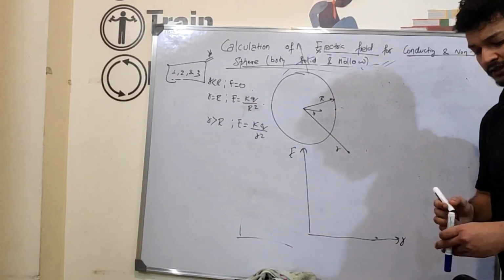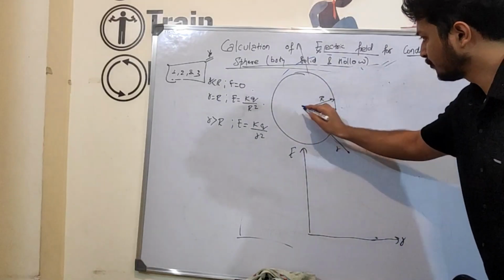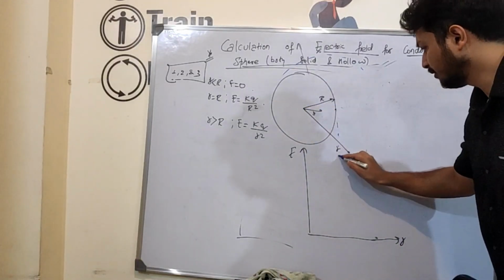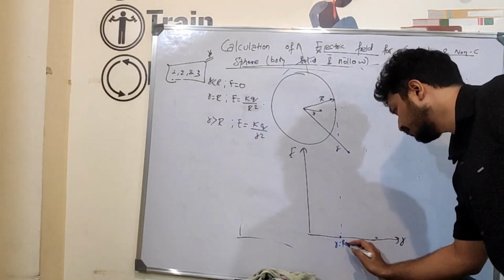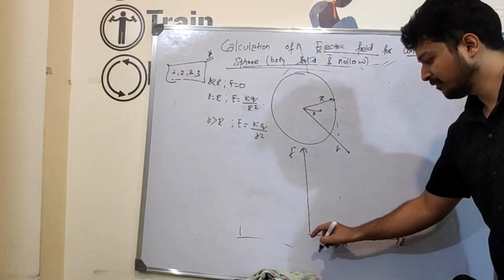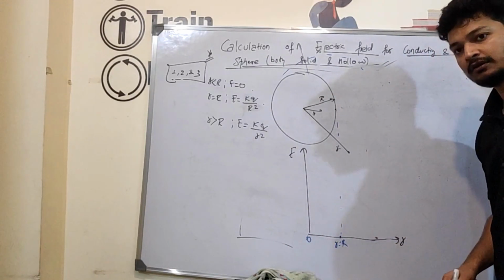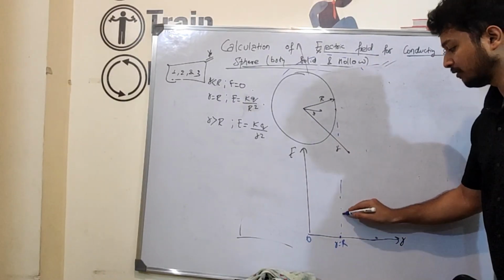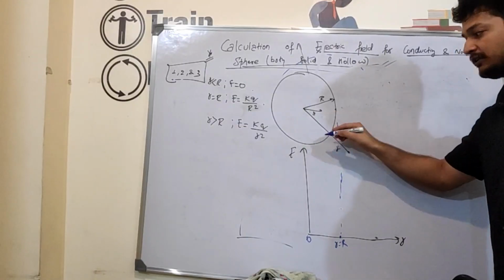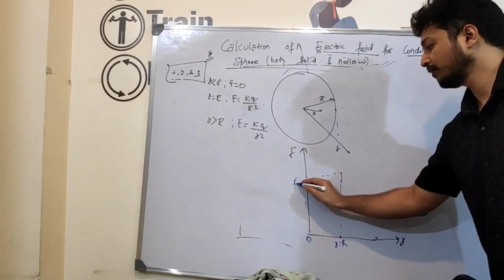That means if we plot the values from the center, that is r equals 0 to r equals R, it will be 0. From the surface, it's just going to start from having a value of kq by R square.